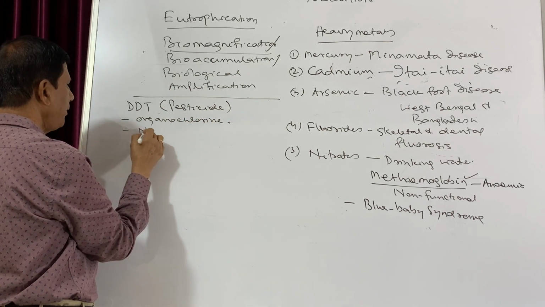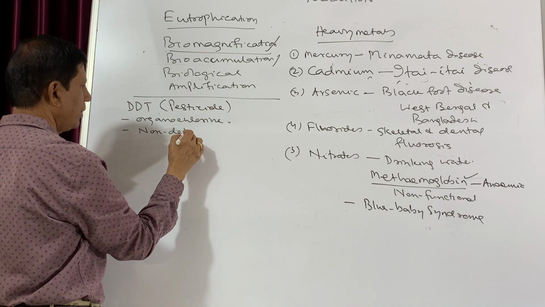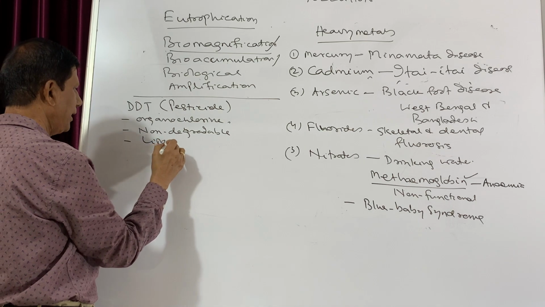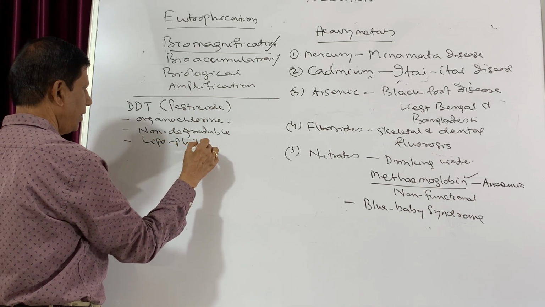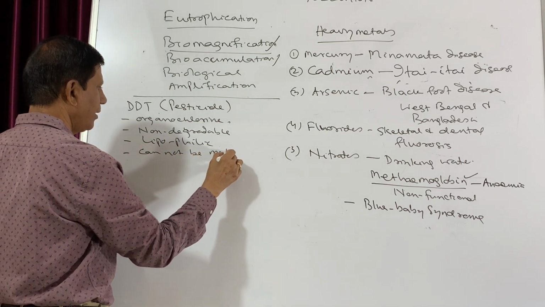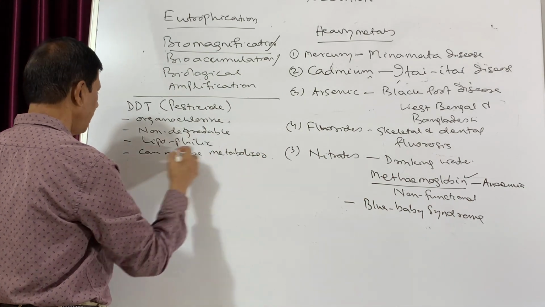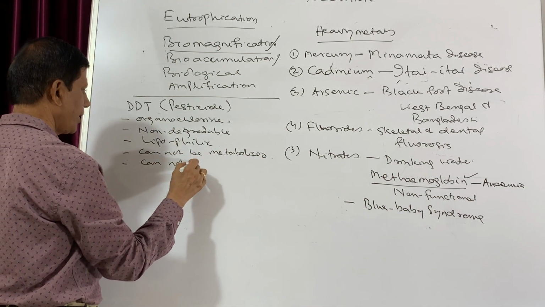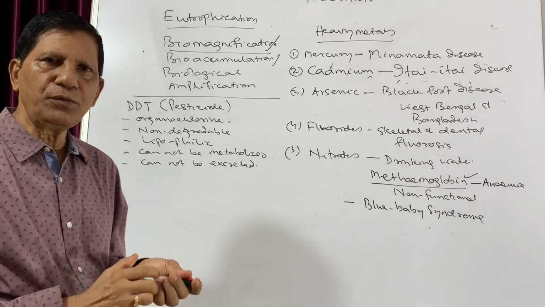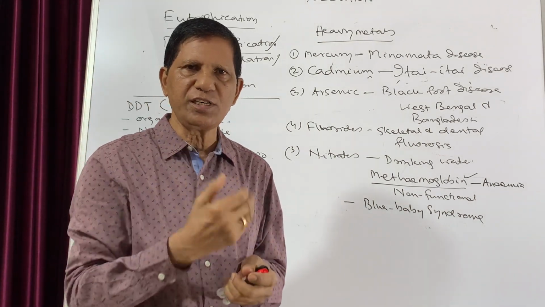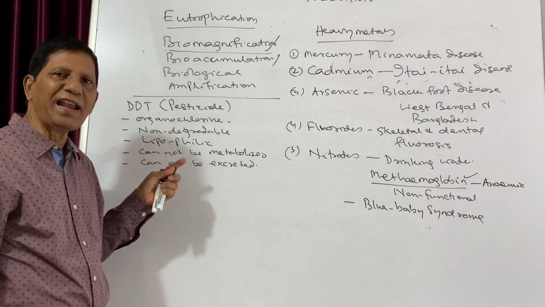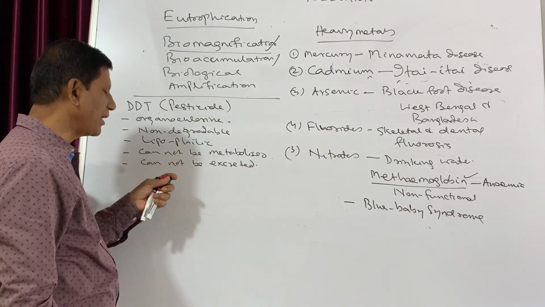It is non-degradable, and it is lipophilic, cannot be metabolized, and cannot be excreted. That means the DDT which we use as a pesticide is an organochlorine, non-degradable, lipophilic, and cannot be metabolized or excreted.